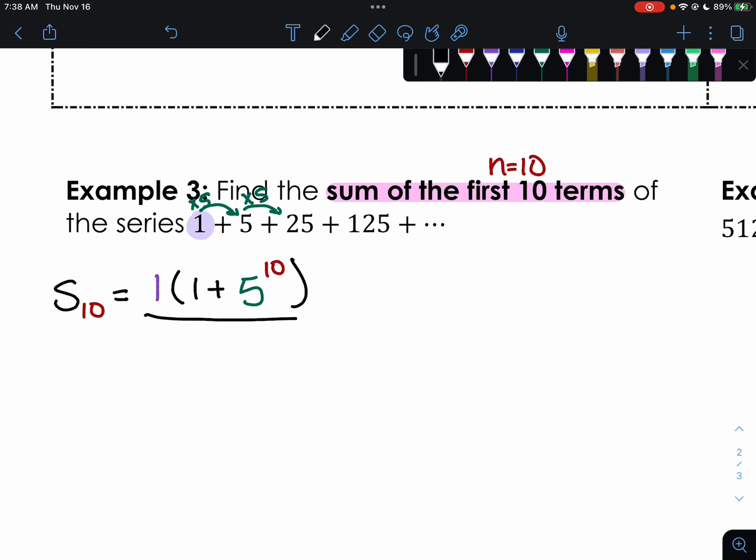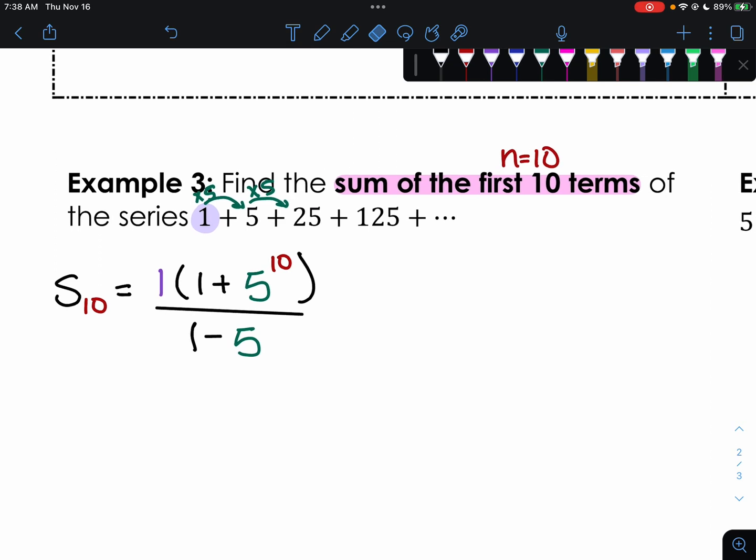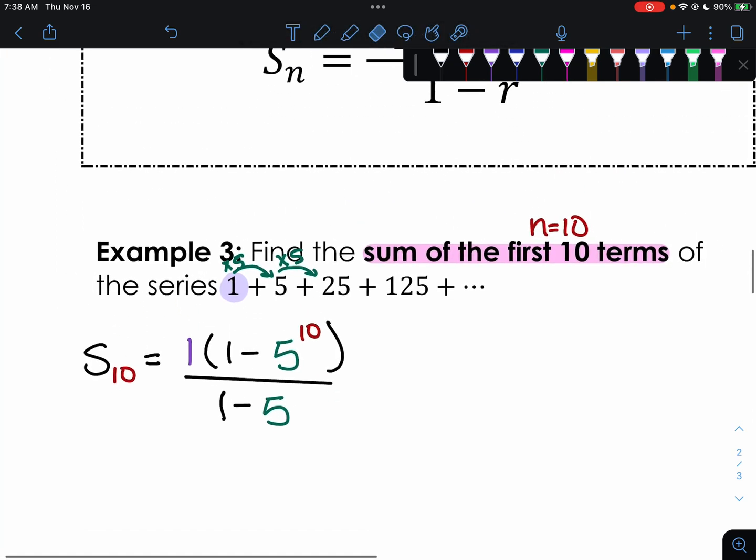And then on the bottom, it is 1 minus my common ratio, which is 5. Now, I did realize that I accidentally put a plus sign, and that should be a minus sign up at the top. So we are going to go ahead and type this in to our handy dandy calculator.